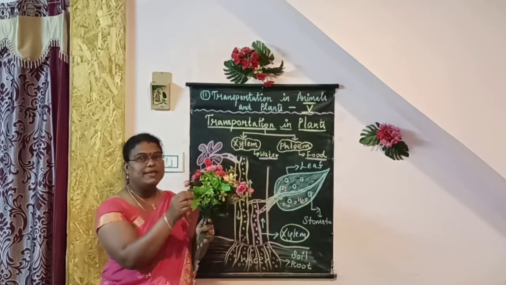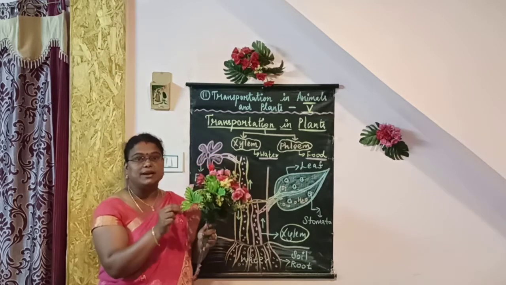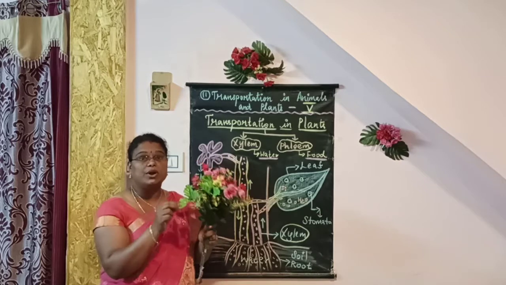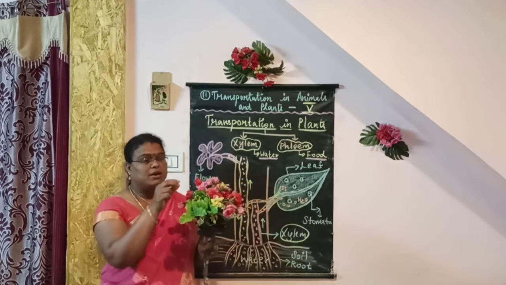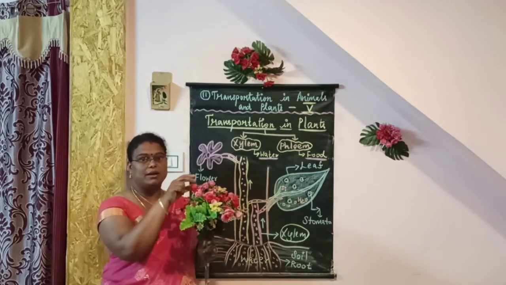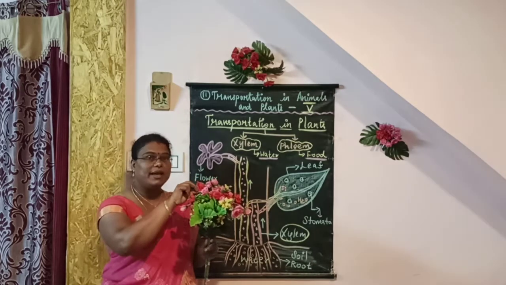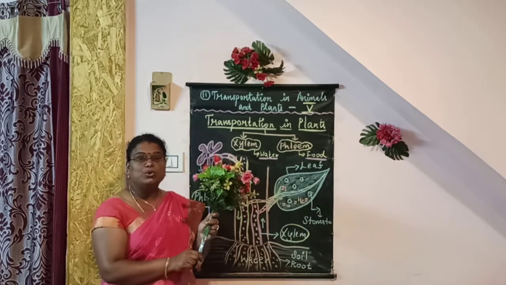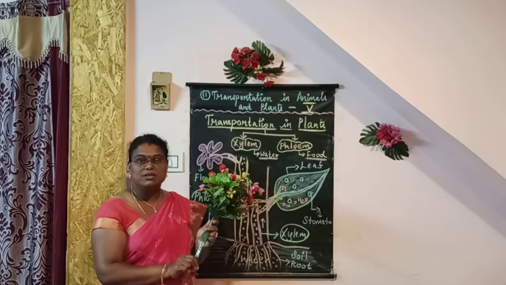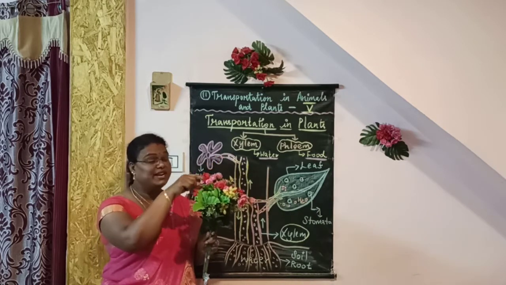Only the green parts can undergo photosynthesis because they contain chlorophyll, which is one of the raw materials for photosynthesis. Chlorophyll is absent in other parts which are not green in color. So they can't undergo photosynthesis. For example, flowers and roots can't undergo photosynthesis because they lack chlorophyll.